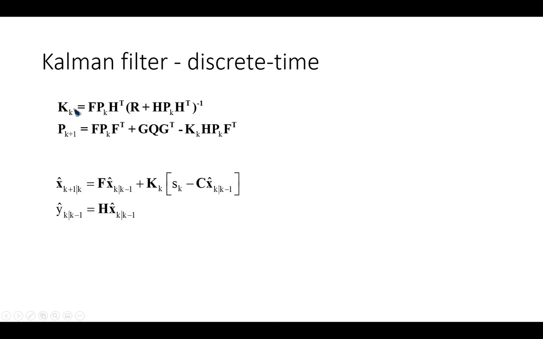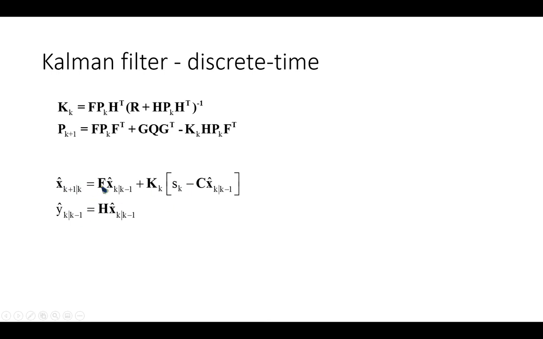So what you do is you just iterate these two equations. K is the Kalman gain matrix, or vector, which you're going to be using. R and Q are the covariance matrices of the noise terms, the process noise in Q and the measurement noise in R. And the Kalman filter then is actually just one line really.